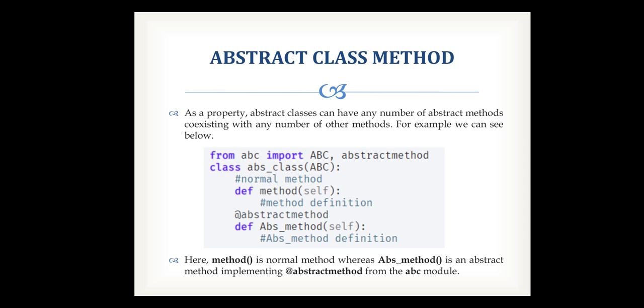Define a method, and while defining the method, use the @abstractmethod decorator. Here the method is a normal method, whereas abs_method is an abstract method, implementing the abstract method from the ABC module.